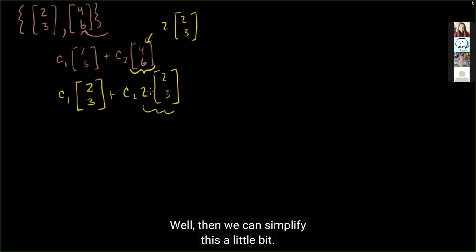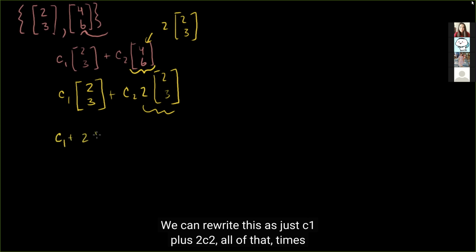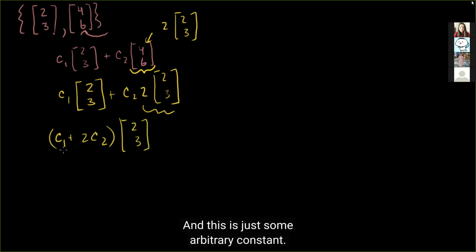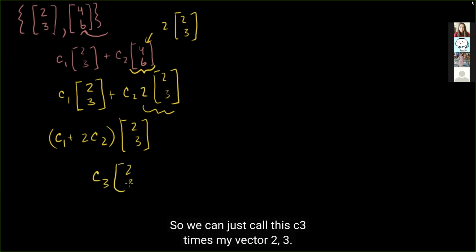Well, then we can simplify this a little bit. We can rewrite this as just C1 plus 2C2, all of that times our vector 2, 3. And this is just some arbitrary constant plus 2 times some other arbitrary constant. So we could just call this C3 times my vector 2, 3.